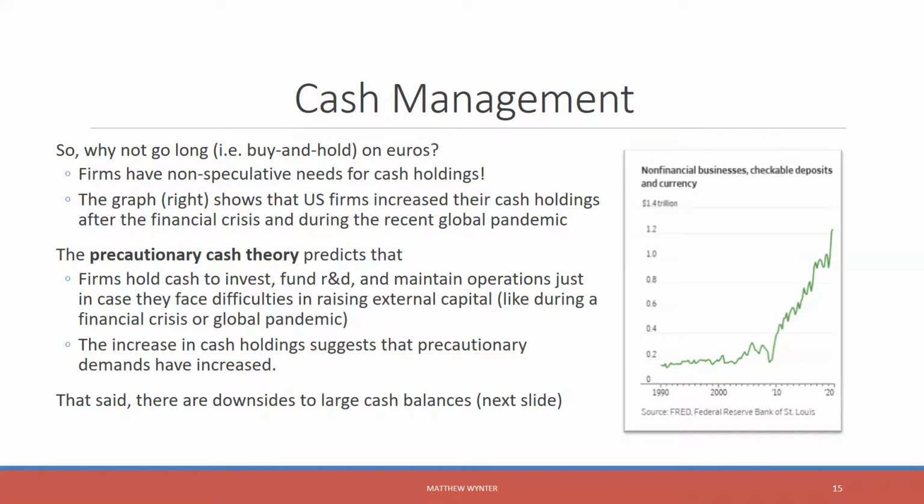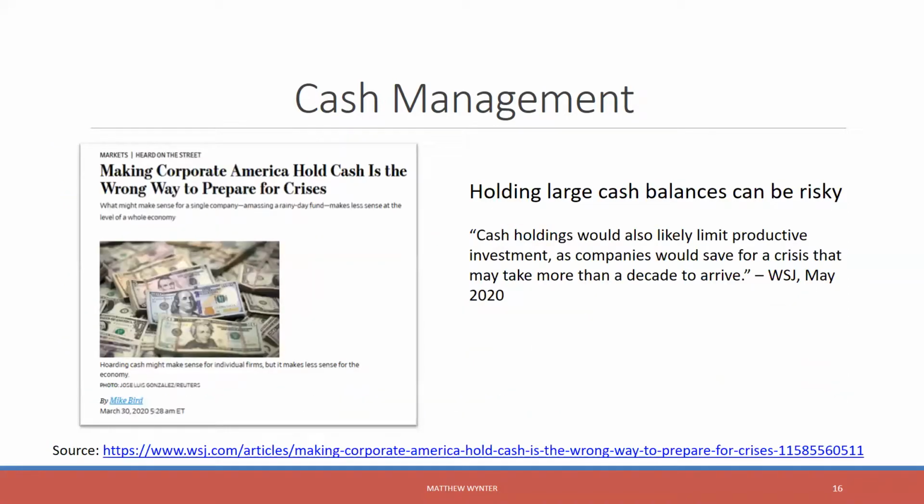Clearly, this increase in cash holdings would suggest that precautionary demands have increased. So, okay, that's fine. We understand that firms are holding more cash, but there are downsides to having such large cash balances. Holding large cash balances can be risky.